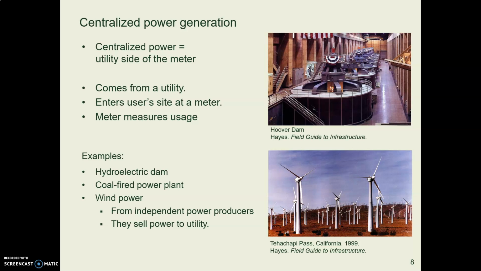Centralized power means the power comes in from the utilities side of the power meter, and it could come from a wind farm, it could come from a hydroelectric dam, but it's some big installation that's centralized, and the power gets sent out from there to the substation and to you. That's centralized power.